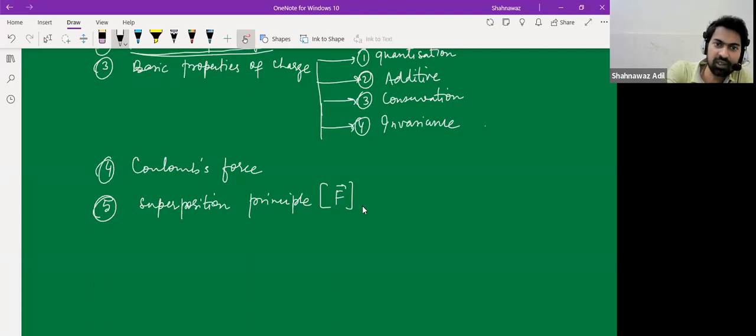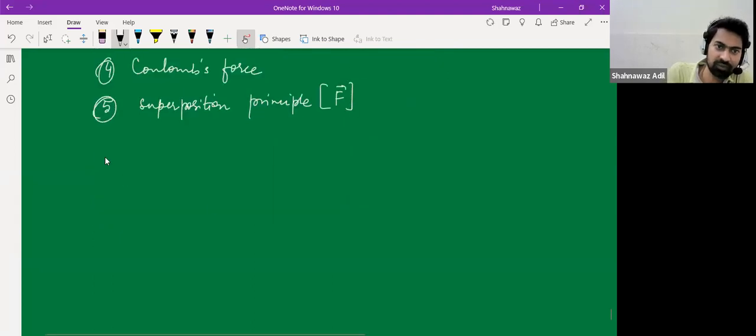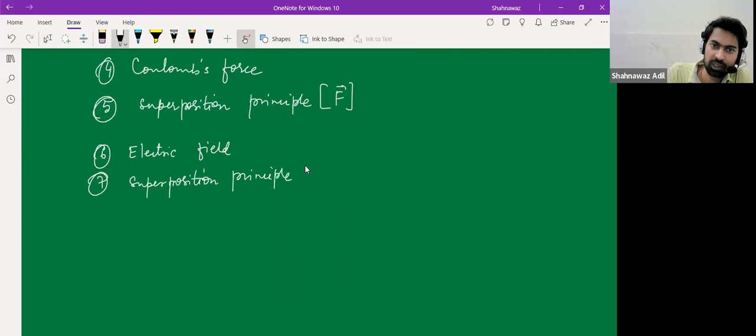Then we learned about the electric field, then the superposition principle of electric field. And then we learned about the Coulomb force in vector form.